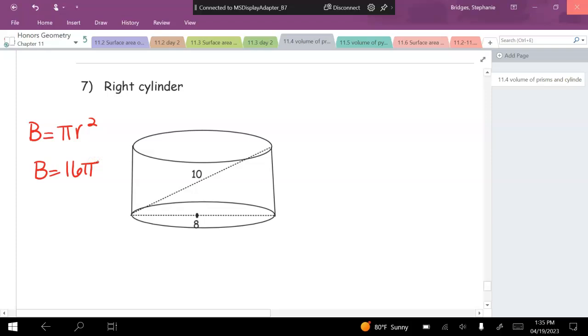Okay. Do I know the height of the cylinder? No, I don't. But do you see this? This is my height, right? And then I have this and this. What kind of triangle is that making? Right, a right triangle. So if I don't recognize this as a triple, I have to do the Pythagorean theorem. So we're going to go x squared plus 8 squared equals 10 squared.